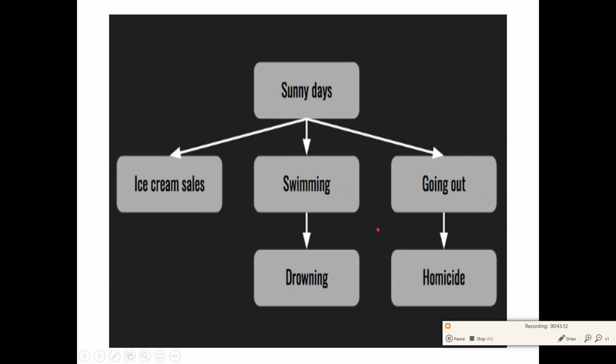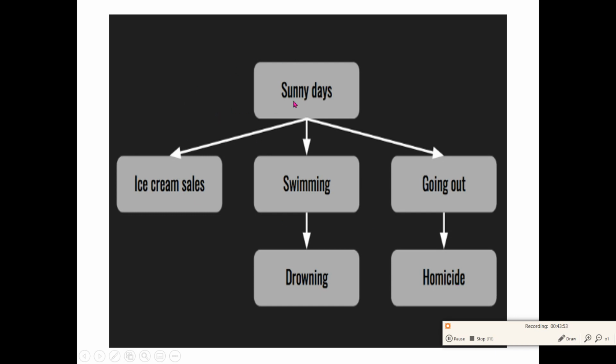If we broaden our perspective, we see that ice cream sales and homicide are positively correlated because of a common cause: the actual cause is sunny days. Even if ice cream sales and homicide were strongly related according to the regression, you're not going to say that ice cream sales cause homicide or that homicide causes ice cream sales.